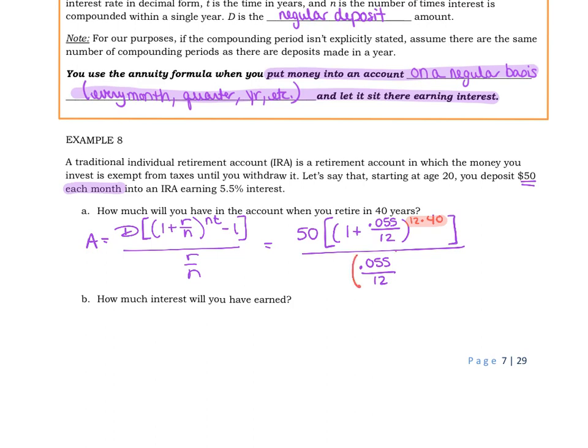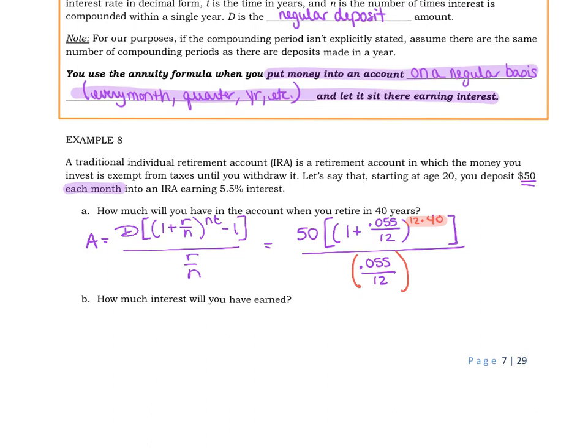You want another set of parentheses around that denominator so that you divide by the entire fraction. Otherwise, your calculator will divide by the 0.055 and then multiply the entire thing by 12. That is not what you want. So please insert another set of parentheses.